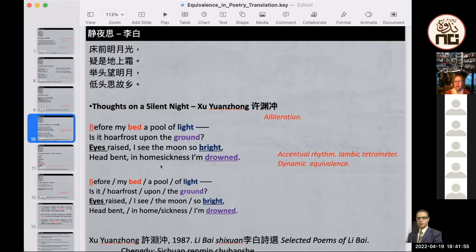So the language doesn't sound natural sometimes, but he preferred to keep the rhythm, the meter, the musicality, and he had to sacrifice this natural language. So I feel that I can't be harsh on him, because I know what he's trying to do, and I know how hard and how difficult it is.